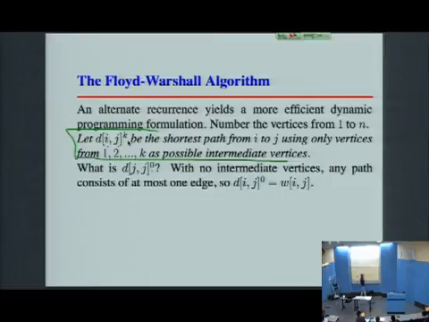The distance from 1 to 3, using 0 as an intermediary, was 4. Using 1 as an intermediary was 4. Using up to 2 as an intermediary was 3.